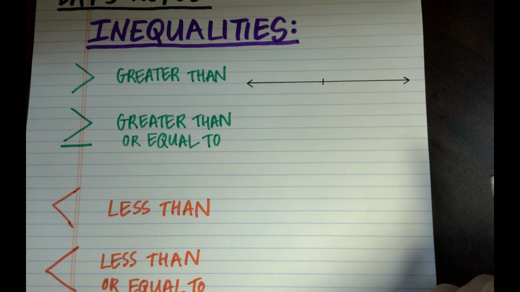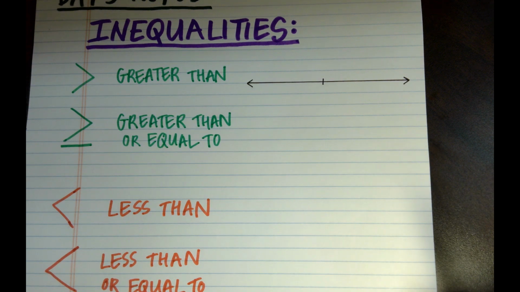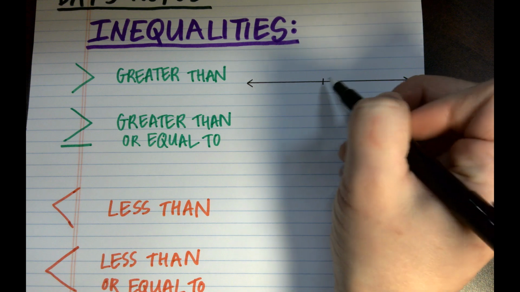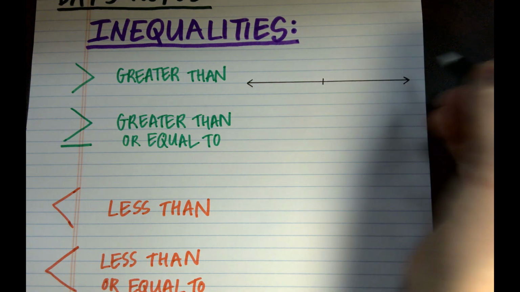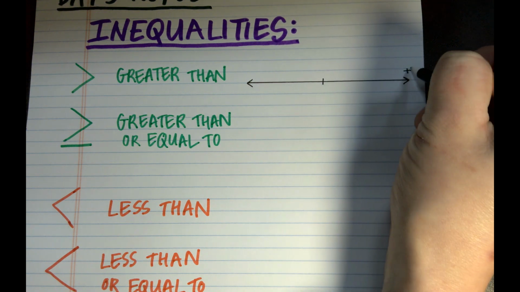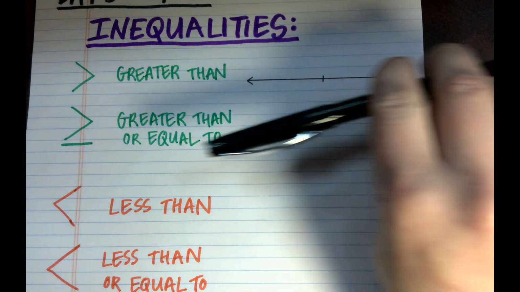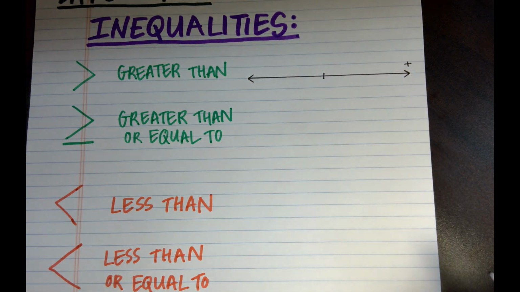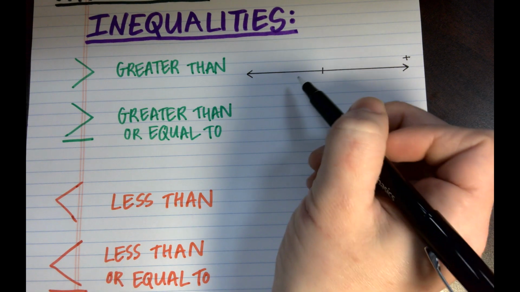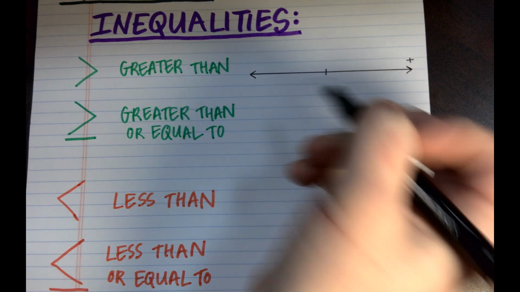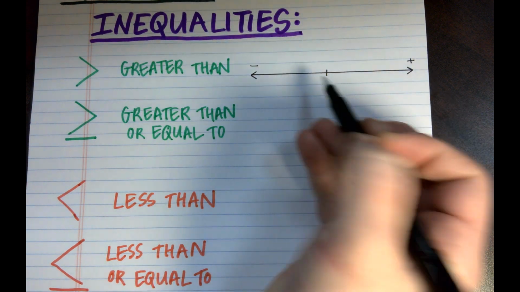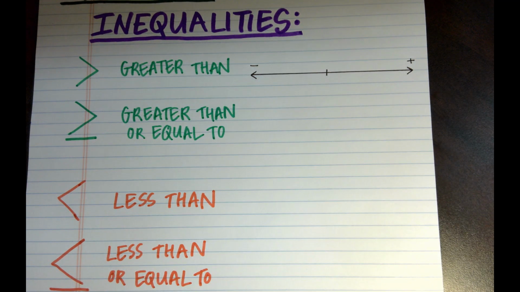Now, this next part is optional, but I always like to do it because it just helps me remember. To the right side of my line, I put a plus because I know that as we go this way to the right, things get bigger, numbers get larger. And then we're going to write a minus sign on the left side because as we move to the left, the numbers get smaller.